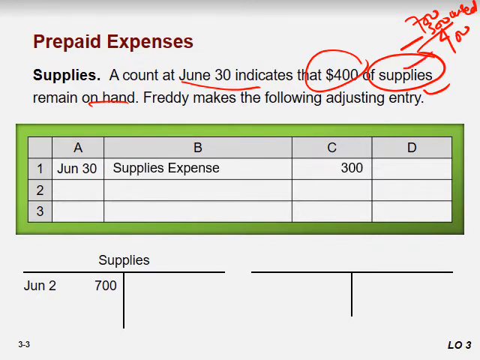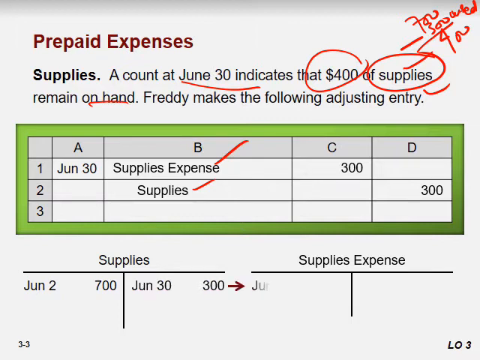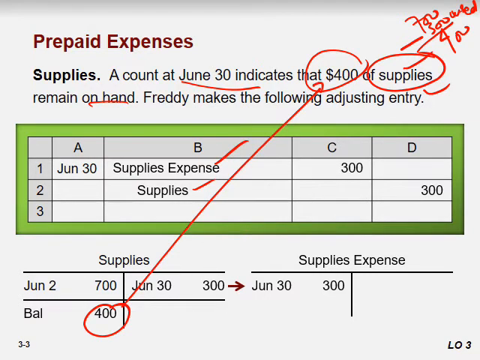Asset decrease, credit; expense increase, debit. That's going to be our entry. When you post that entry, our balance becomes 400. Since we used supplies, the usage will become expenses. Expenses increase is a debit, and we post it on the ledger as supplies expense on June 30, 300.